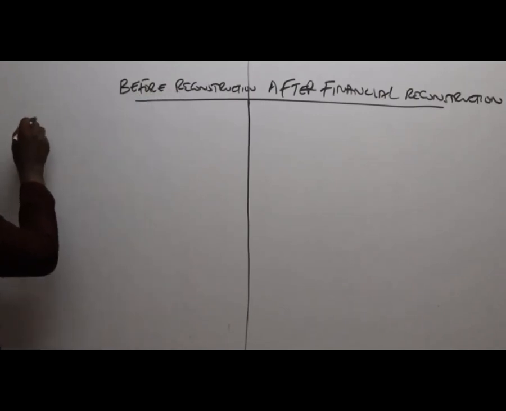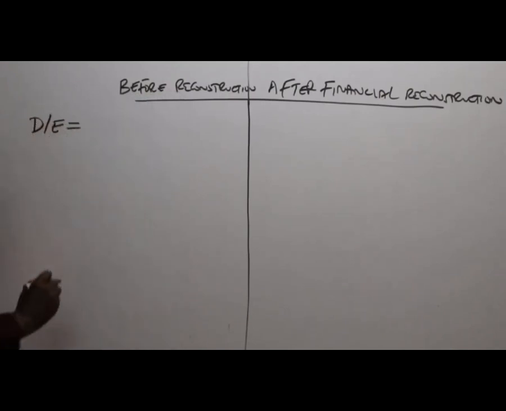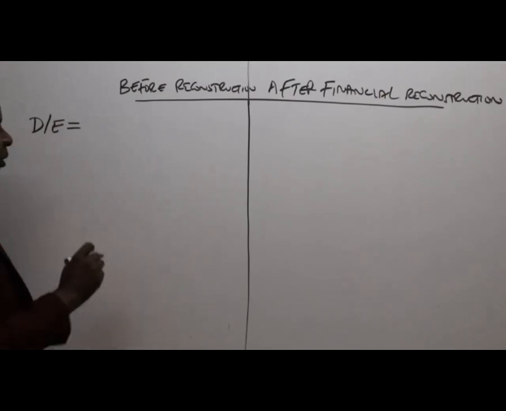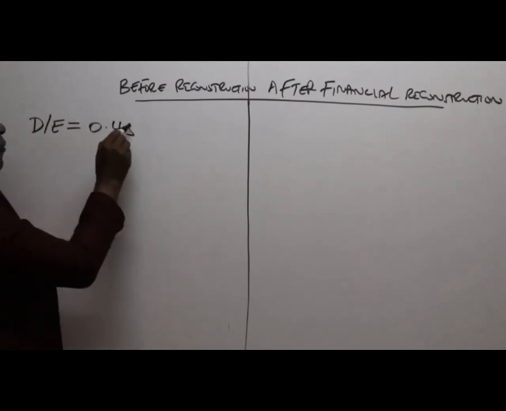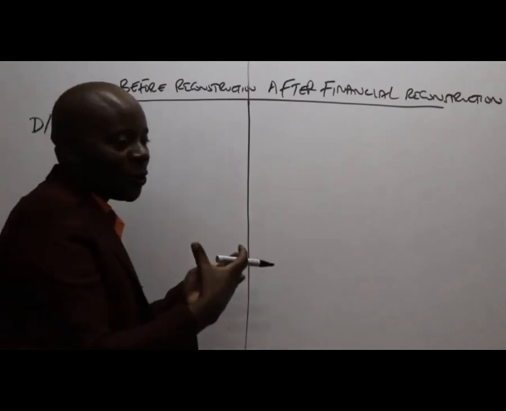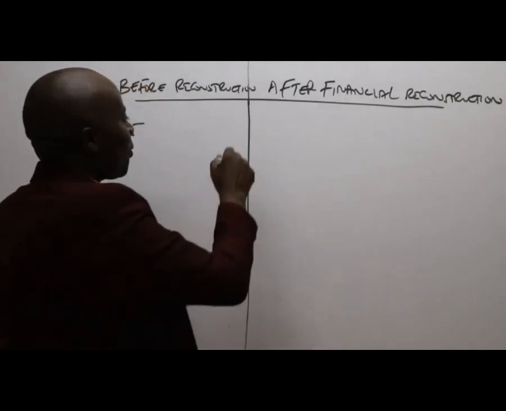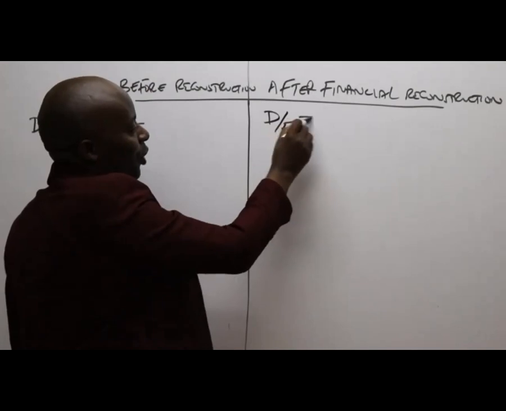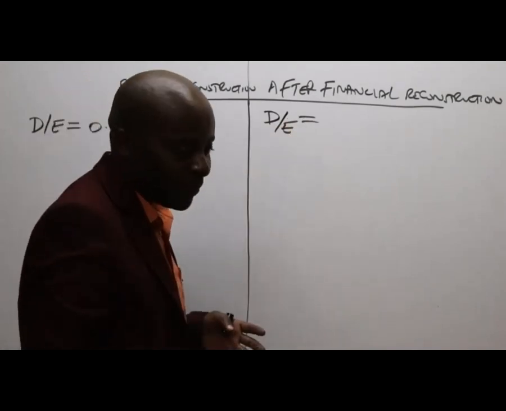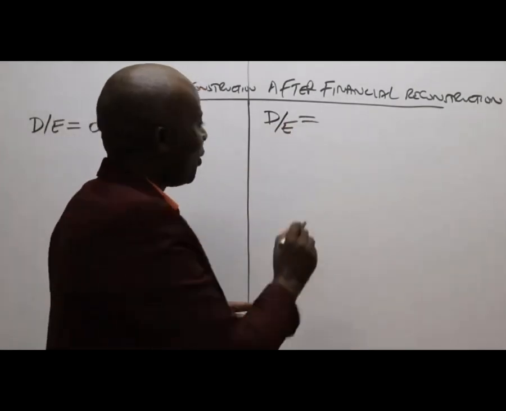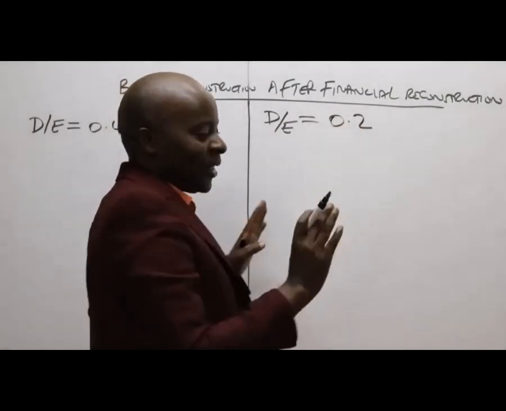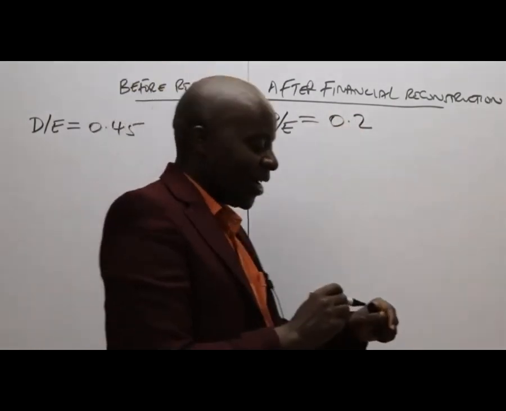Somebody talk to me. Before reconstruction, the debt to equity ratio, Moreka says it is 0.45. How about after reconstruction, we want to reduce our debt. After reconstruction, our debt to equity ratio changes to 0.2. Thank you very much. Great.